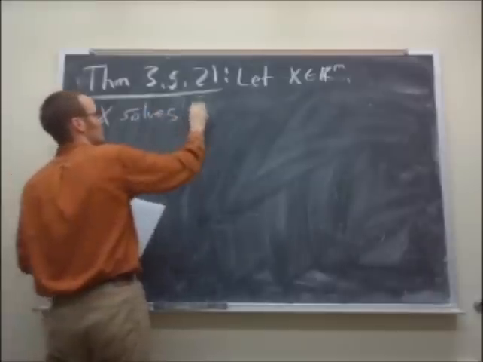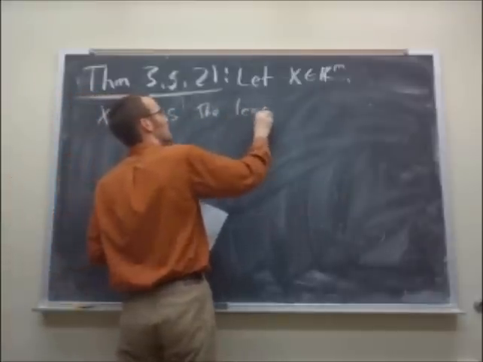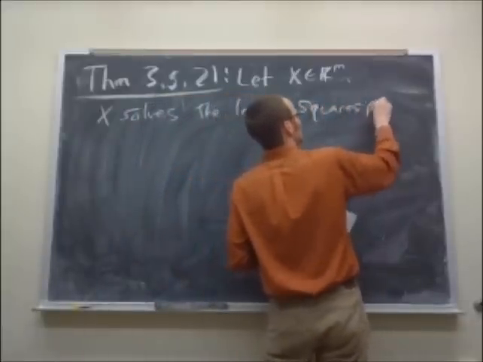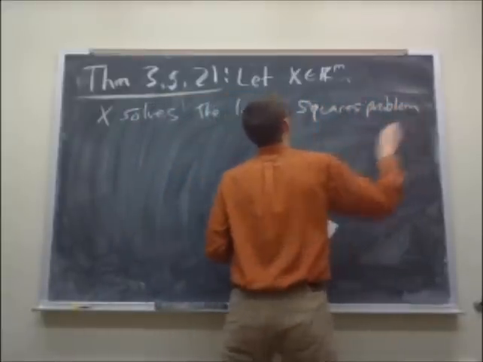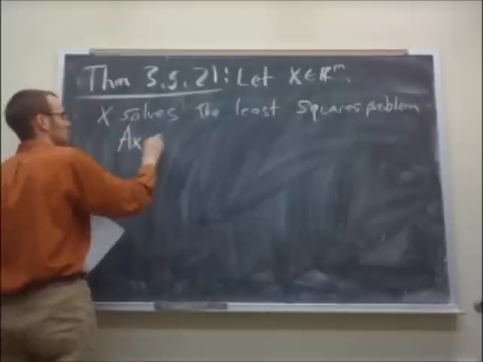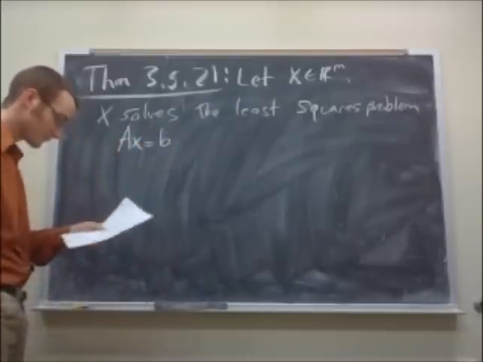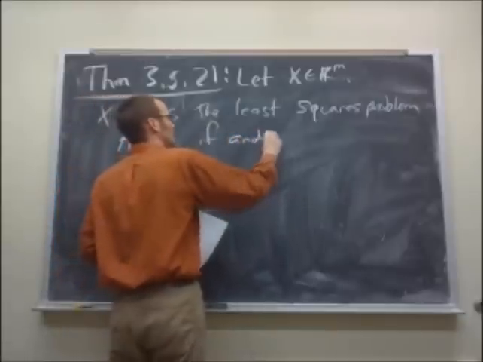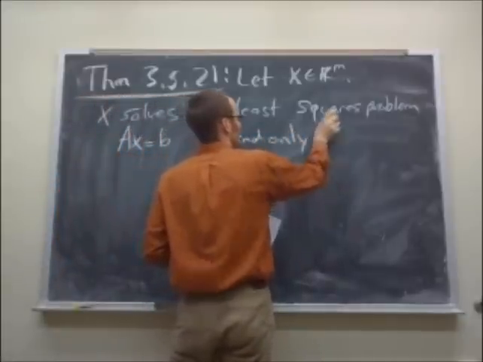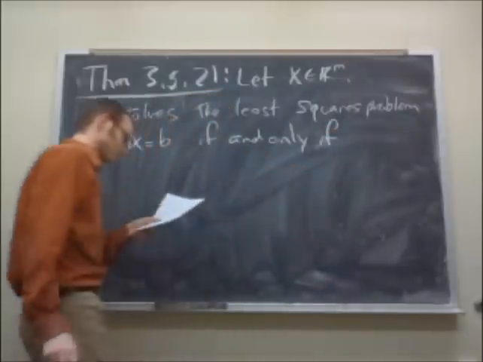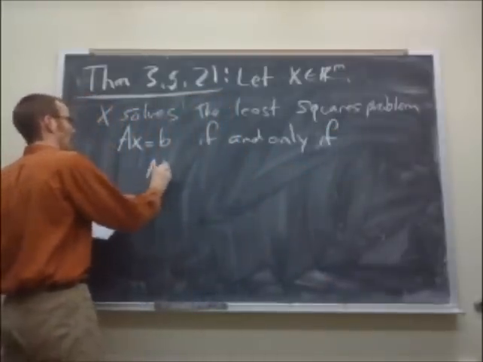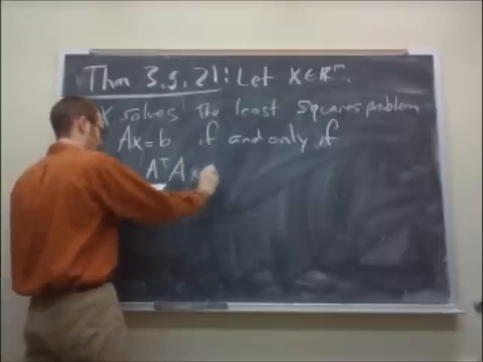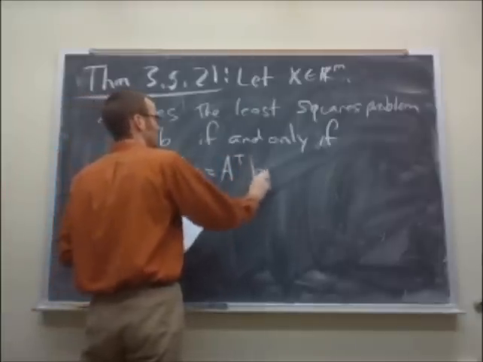We would say X solves the least squares problem AX equals B, if and only if A transpose A times X is equal to A transpose B.